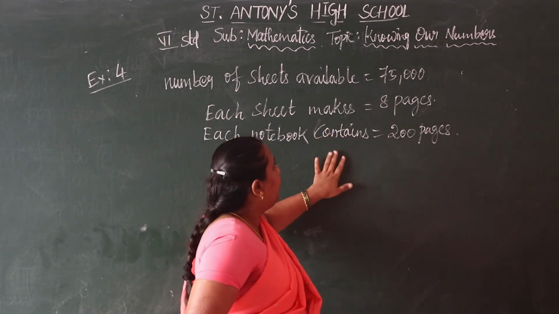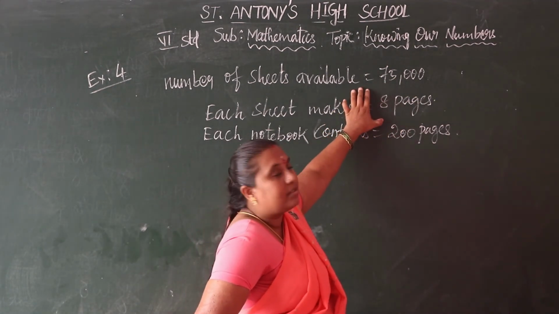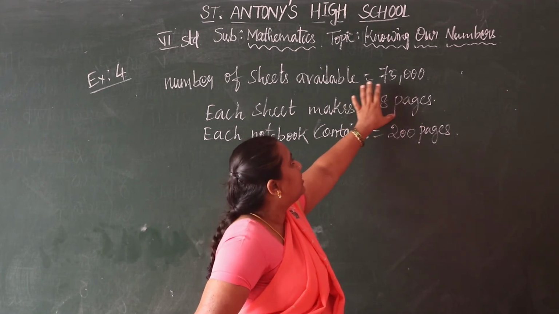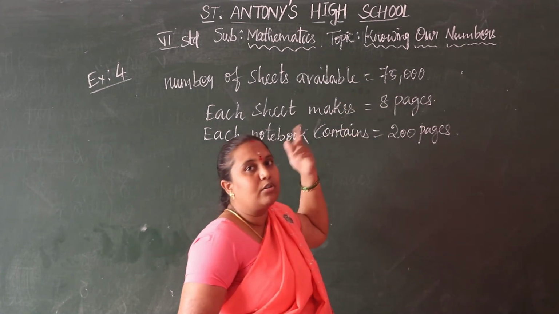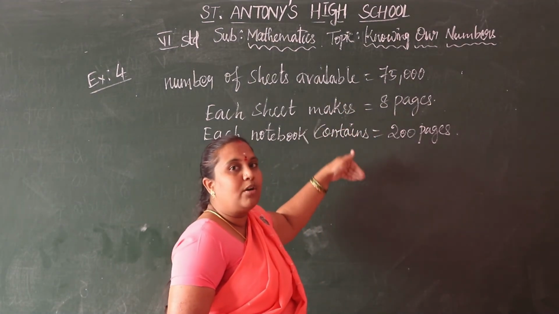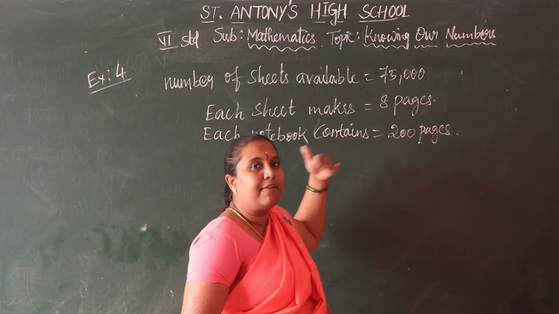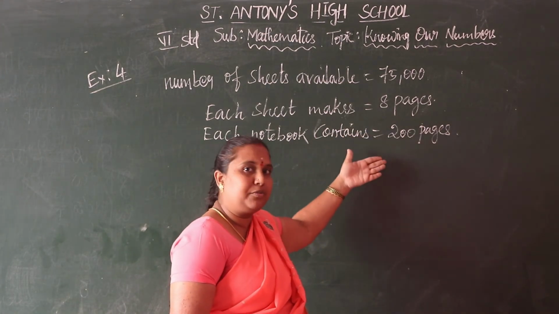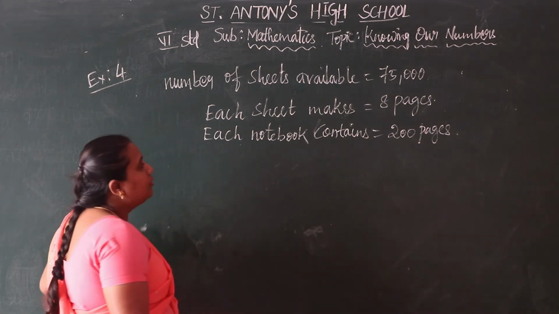First we want to find out how many pages are made by these 75,000 sheets, and then we want to find out how many notebooks we can make from those pages. Understood, children? Okay, so now let us do the sum.